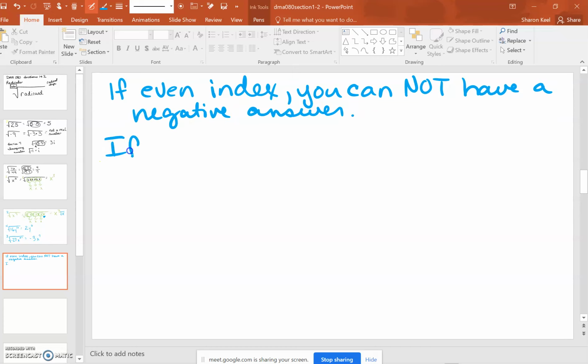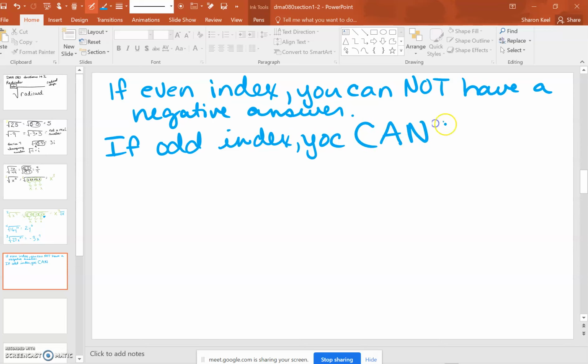But if you have an odd index, you can have a negative answer. Because when you have an odd number of negative signs, it's always going to give you a negative. So you can have that as long as that value is odd.